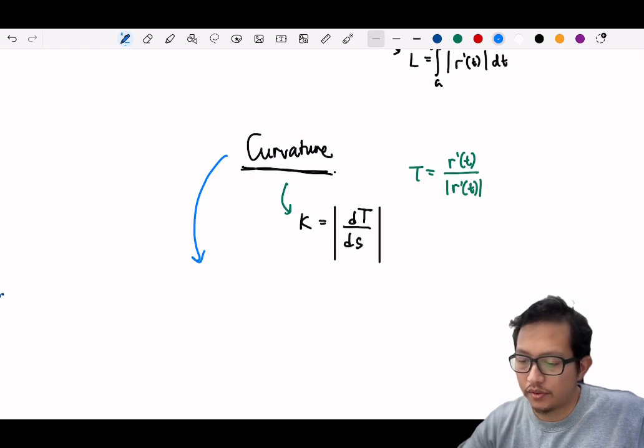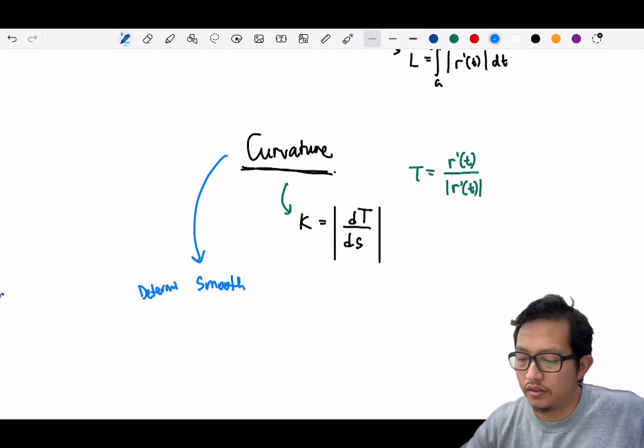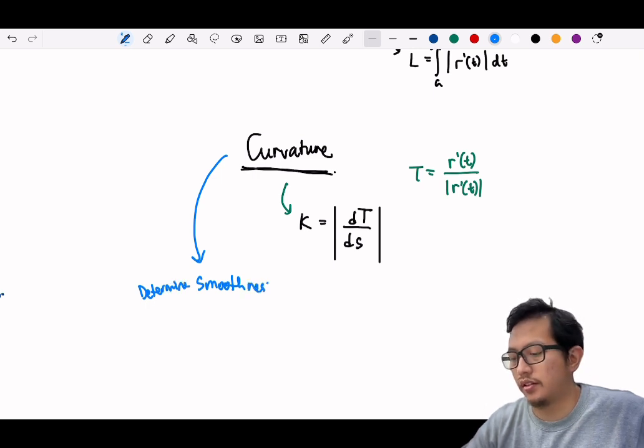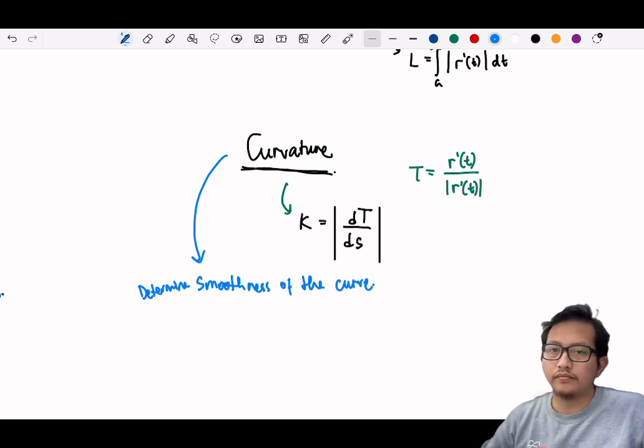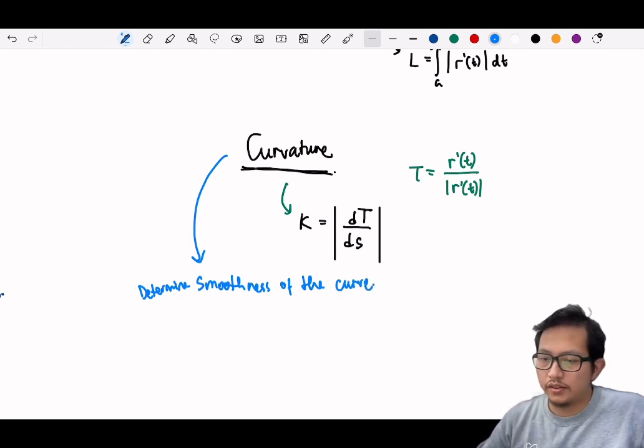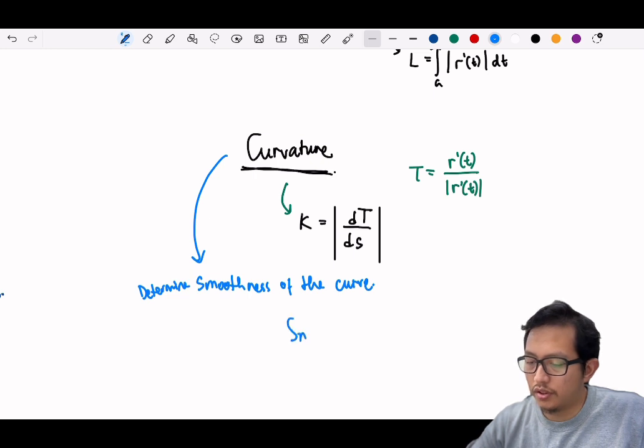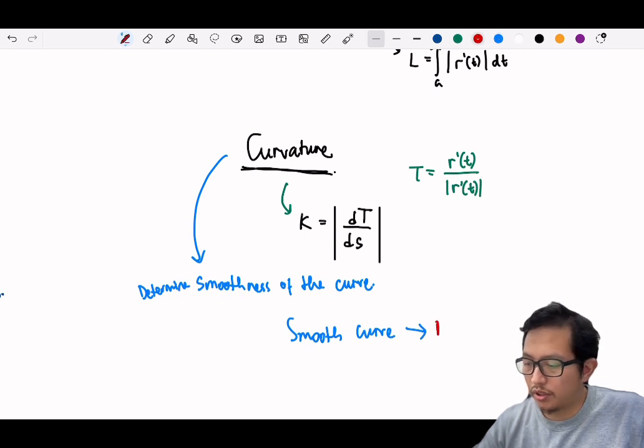The curvature determines the smoothness of the curve. We say a smooth curve has no sharp corner. I hope you get the idea. What does it mean?